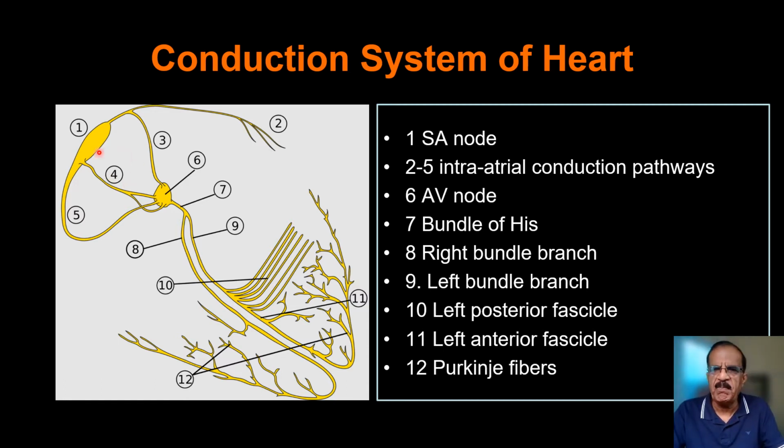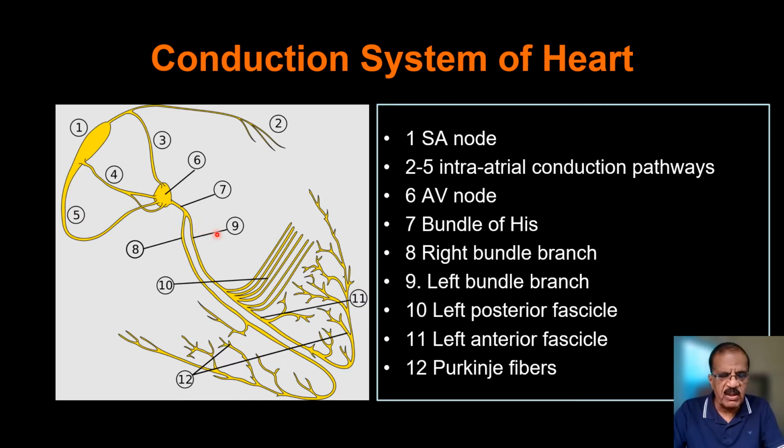So normally the SA node has the fastest; as you go distally, the inherent pacemaker rate is lower and lower. So a pacemaker may be needed if there is an ectopic pacemaker in the heart, but that is too slow or too unreliable.